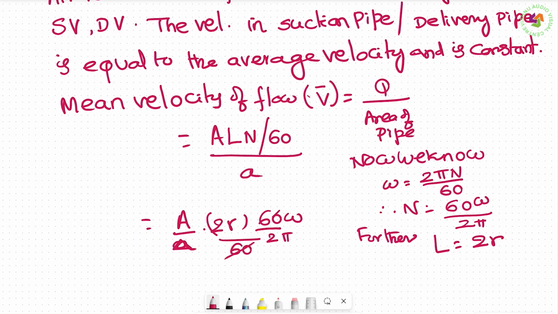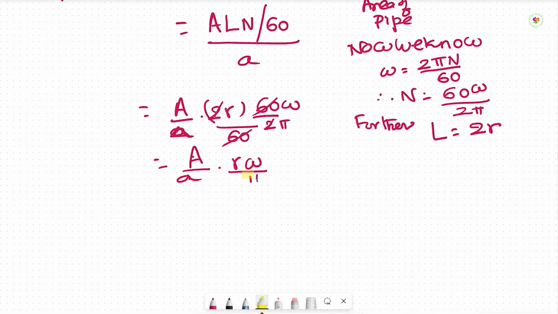If the 60s cancel and the 2 cancels, it is equal to A by a, R omega by pi. So this is the mean. So mean velocity is equal to A by a, R omega by pi.